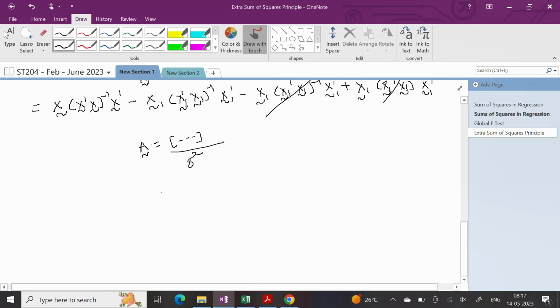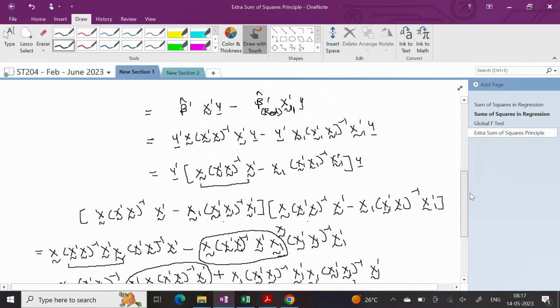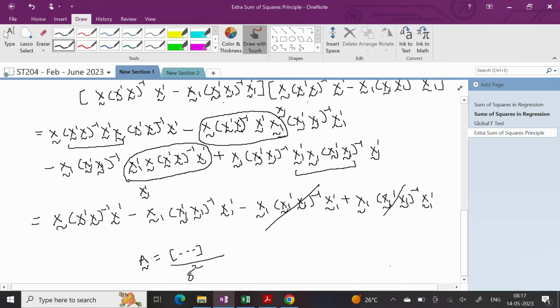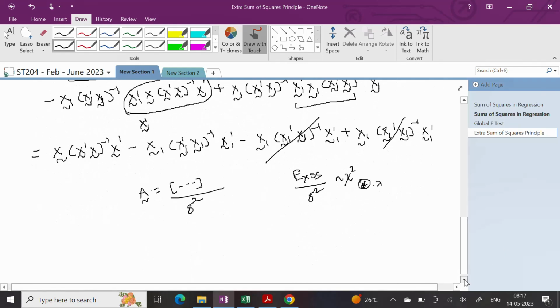So the result that I have will now be that y prime into this y divided by sigma square, that is my extra sum of squares divided by sigma square, will have a chi-square distribution with some degrees of freedom, and lambda. So what are the degrees of freedom?